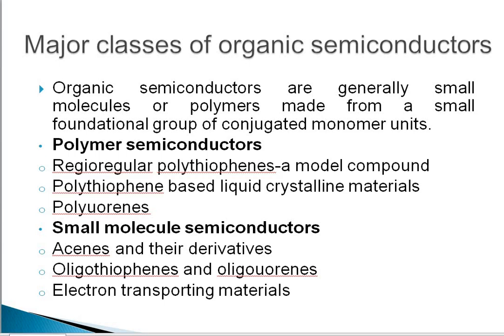Organic semiconductors are generally small molecules or polymers made from a small fundamental group or conjugated monomer units: polymer semiconductors and small molecule semiconductors. I am not going into the details of polymer and small molecule semiconductors. If you need more information about this, you have to follow the books. There are various books on organic field effect transistors available online. Please go to the books to understand more about these materials.